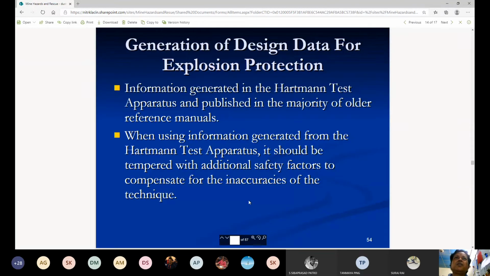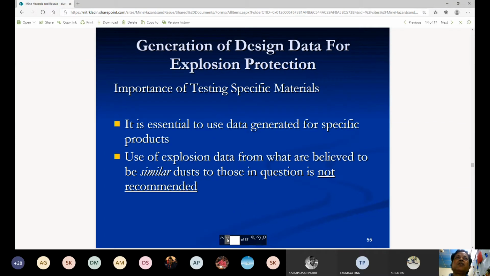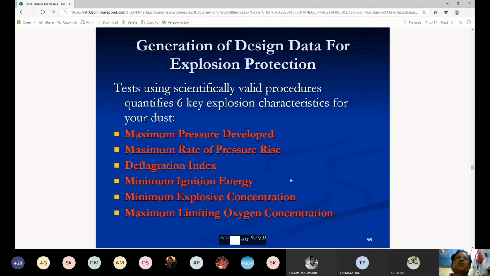So let us see how dust is tested in the laboratory. Tests using scientifically valid procedures quantify 6 key explosion characteristics of your dust.